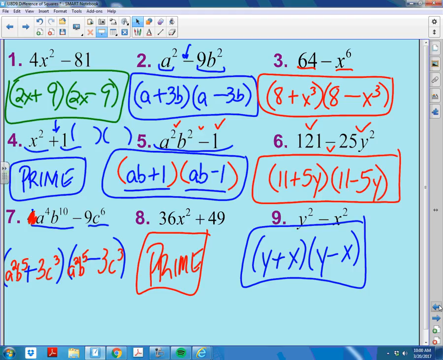The first thing I want you to look for in any quadratic is if there is a GCF you can pull out. Let me give you a quick example.